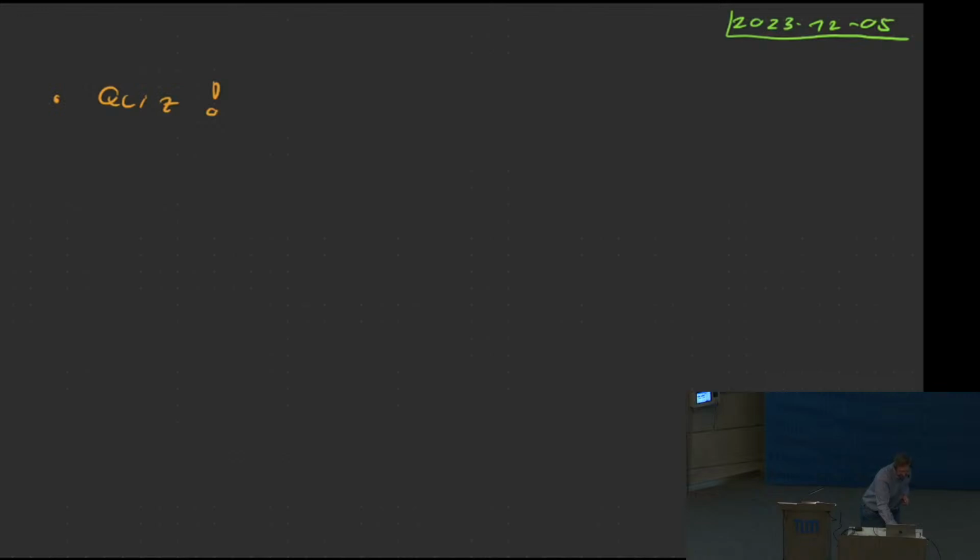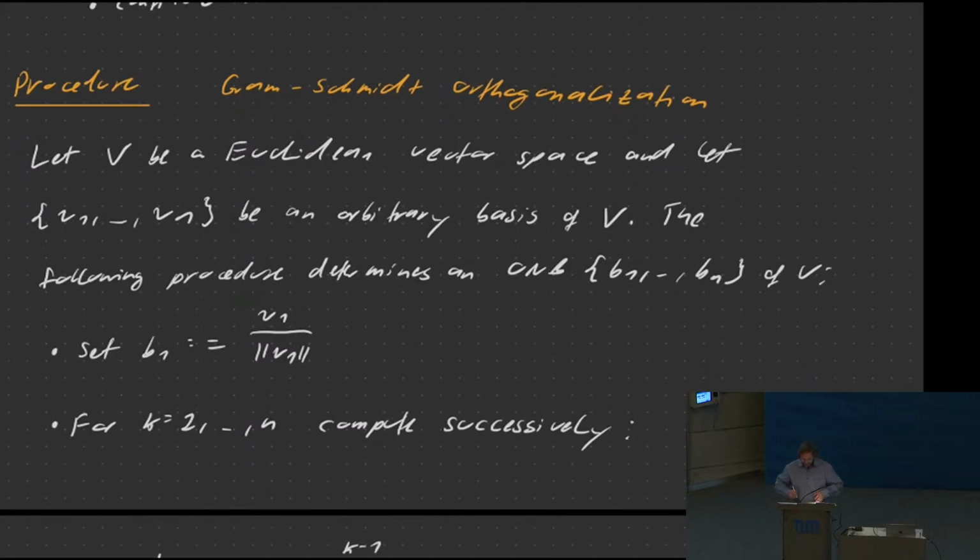All right, so before we move on, let's discuss Gram-Schmidt's method once again. And then we'll take a look at an example. So once again, the idea is we have a vector space, we have a basis for that vector space, and we want an orthonormal basis for that same vector space.